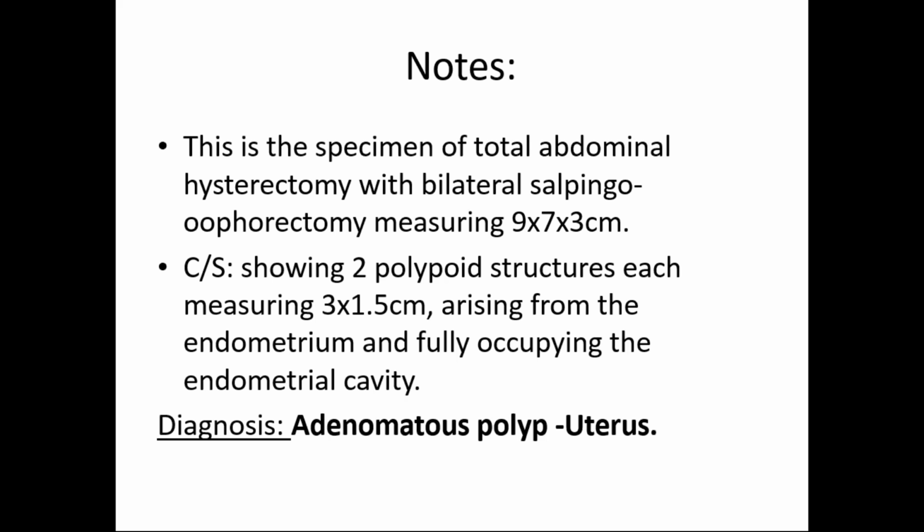So these are the notes of the specimen. This is the specimen of total abdominal hysterectomy with bilateral salpingo-oophorectomy measuring 9 into 7 into 3 centimeters. Cut section shows two polypoid structures, each measuring 3 into 1.5 centimeter, arising from the endometrium and fully occupying the endometrial cavity.